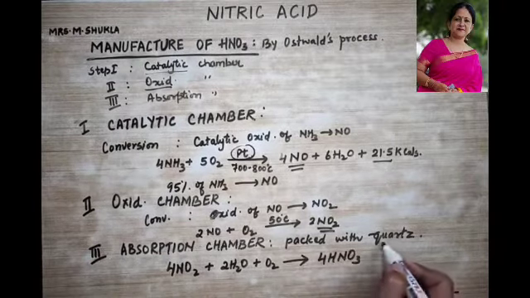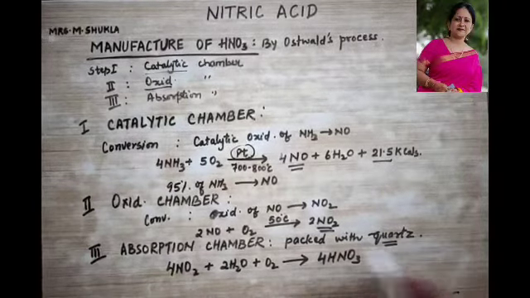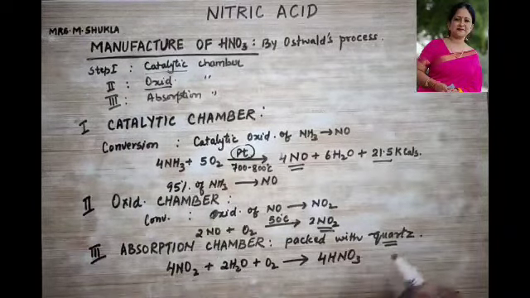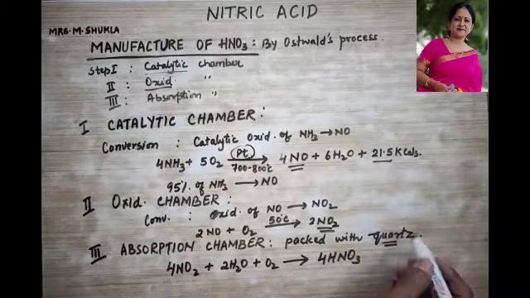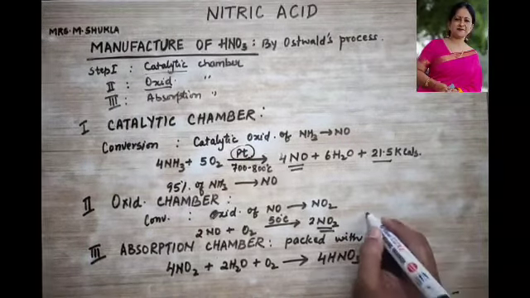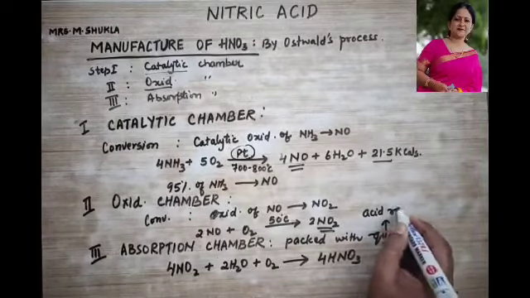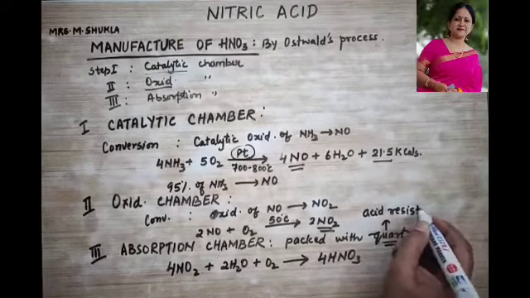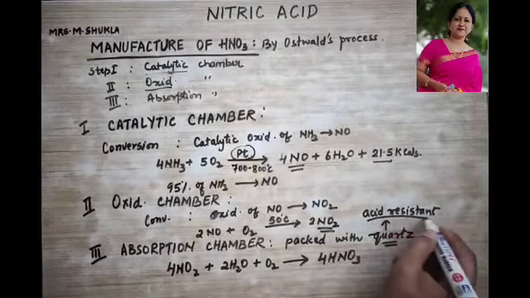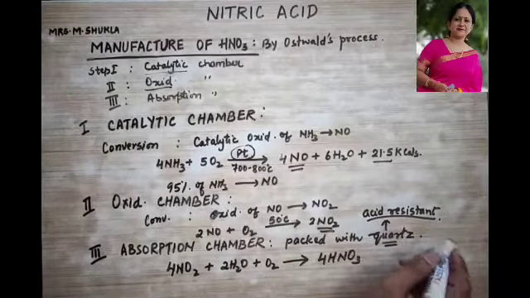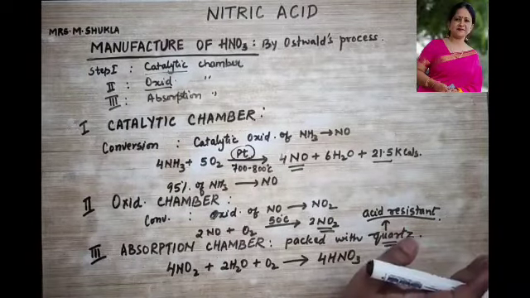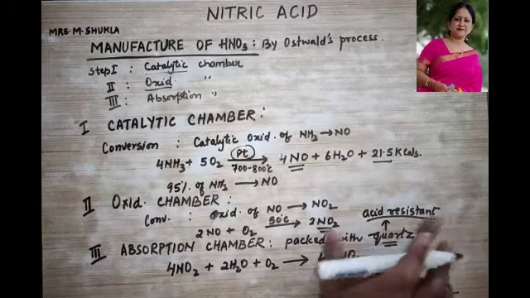Now, why did we use quartz? What is the reason for packing this steel absorption tower with quartz? Because quartz is acid resistant. Clear? This is one of the reasons why we use quartz. Okay, this quartz is packed in layers.